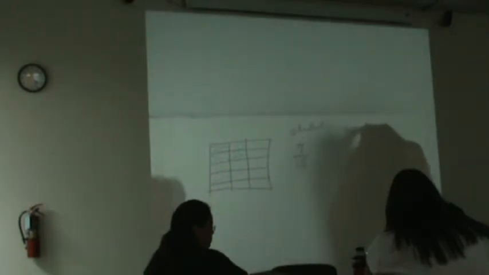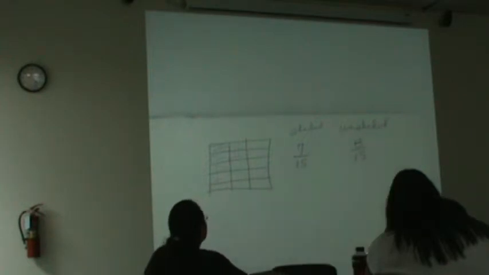If you wanted to know how many are not shaded, 5, 6, 7, 8. 8 of them are not shaded out of the total of 15, right?